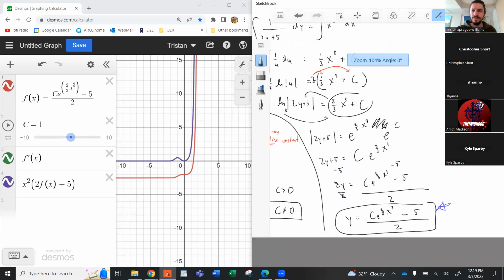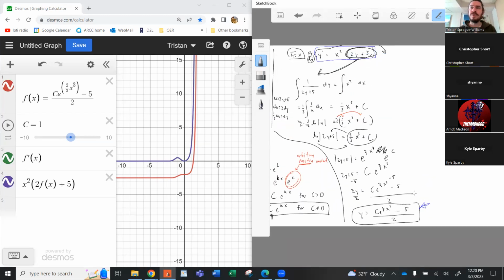What it doesn't quite confirm is that these are all of the solutions, that there's no other solution. So that is harder to prove, or harder to check. But the work that we have done was exhaustive. There is no other way that we could have gotten a solution, right?